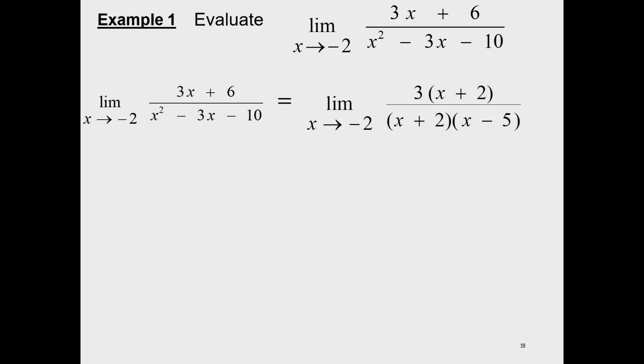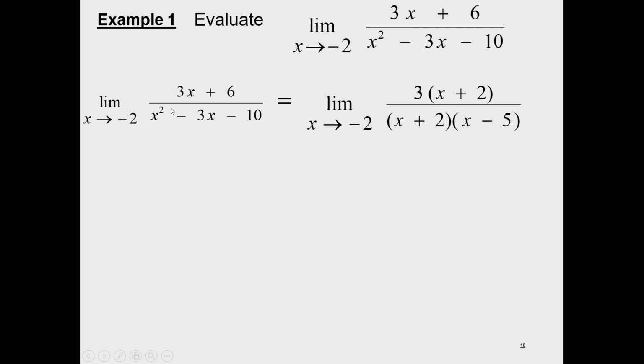So if you factorize the numerator 3x plus 6, this is what you get: 3 into x plus 2. Over, this is type 1 factorization. You need two factors that will add to give b, the middle term, and the same two factors that will multiply to give a times c, right?